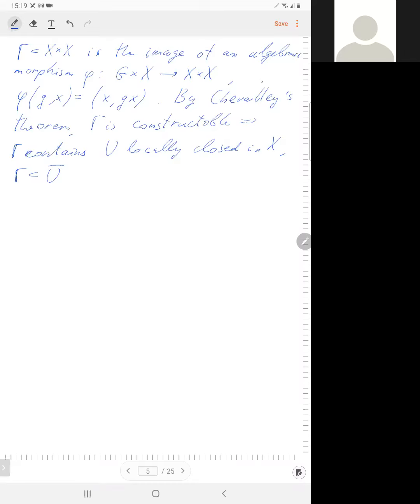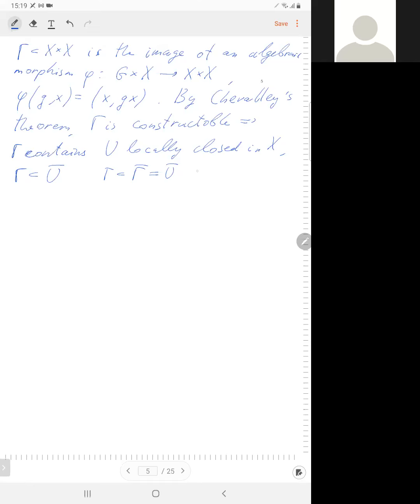Not necessarily closed, but almost closed. Gamma is almost the closure of U. Anyway, we can say that gamma lies in the closure of gamma, and this closure of gamma is already equal to the closure of U. This is a closed subvariety in X.